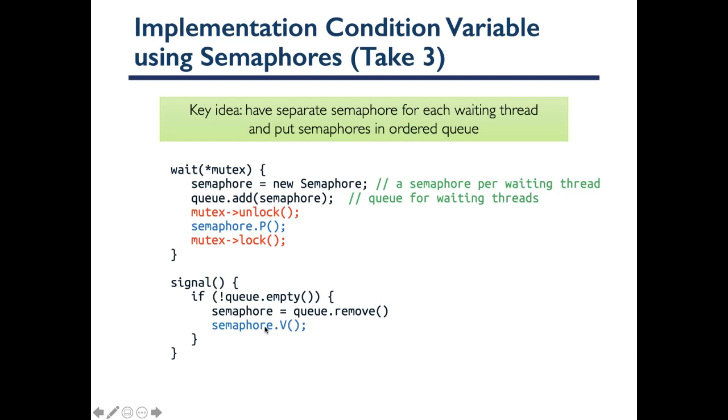So this is an implementation that we can actually use. Let's say instead of implementing condition variables from scratch, you have an implementation of semaphores. You don't want to go and implement condition variables from scratch again. You can now use your semaphore implementation to implement your condition variable.